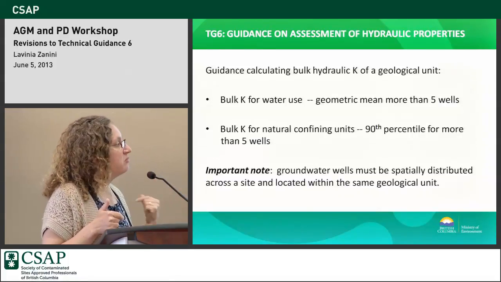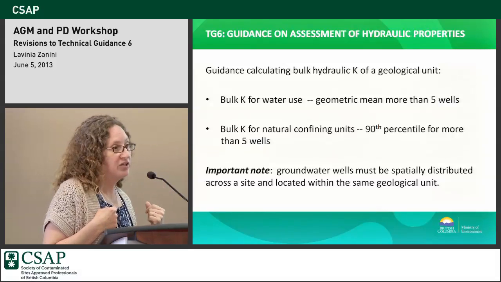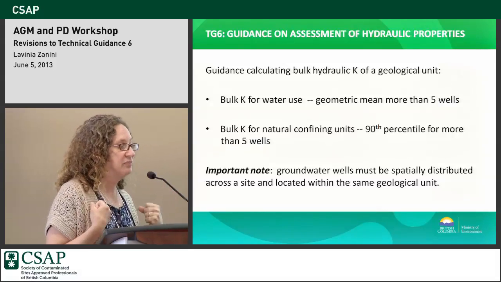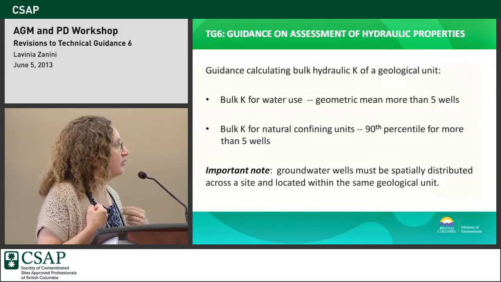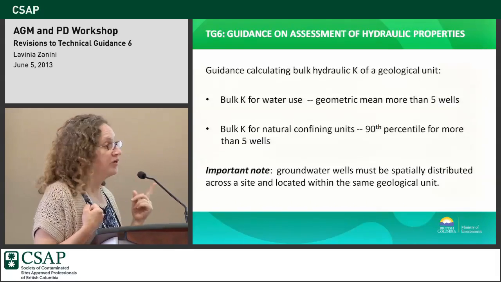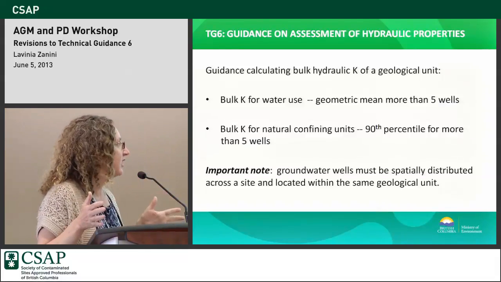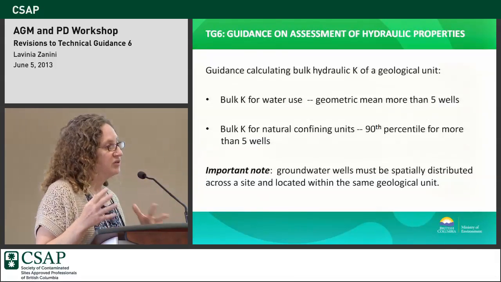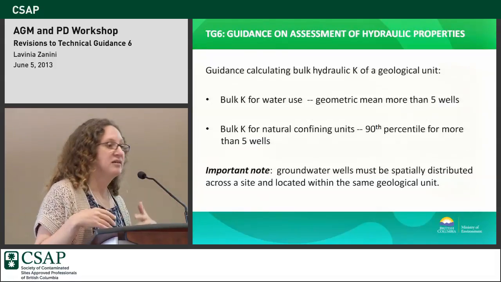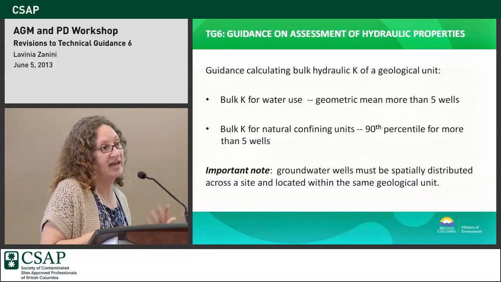But we're a little bit more conservative for natural confining units, because they really need to show us that they're protecting deeper aquifers, and we use the 90th percentile. An important note, though, is that those wells must be spatially distributed across a site and located within the same geological unit. You don't want 2 wells with 6 tests between them, and then you're determining stats on that.